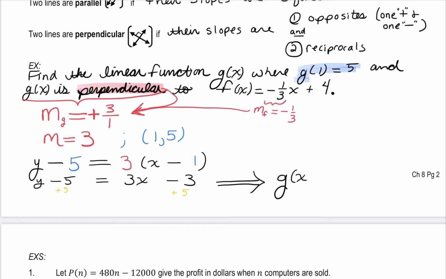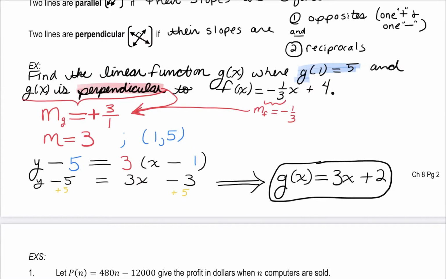So we want to replace y with g of x equals 3x plus 2. And again, it's fine if you use that find the b method. I showed that at the beginning of the last video. I showed both if you prefer that. All right, so that is a little application there involving parallel and, in this case, perpendicular.